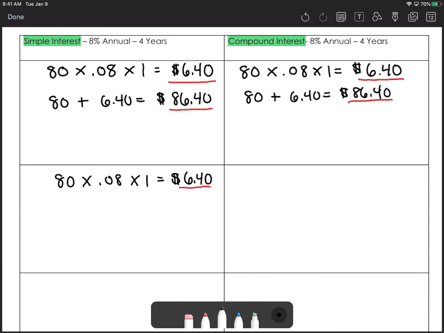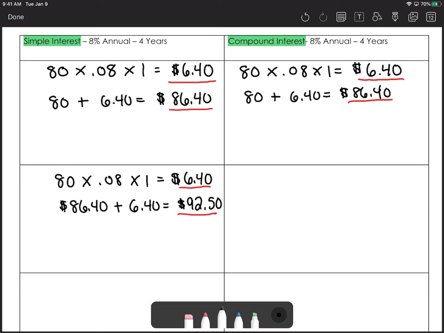And then I would take my previous balance, which is $86.40, and add the $6.40 of interest for the second year, and I would get $92.50. So this would be my balance over the second year for the account with the simple interest.